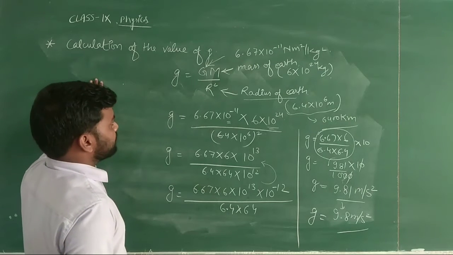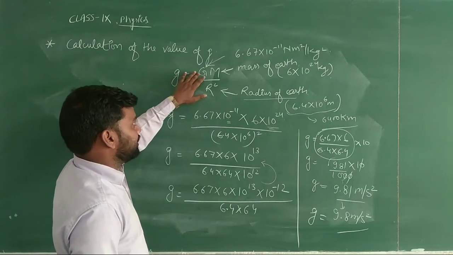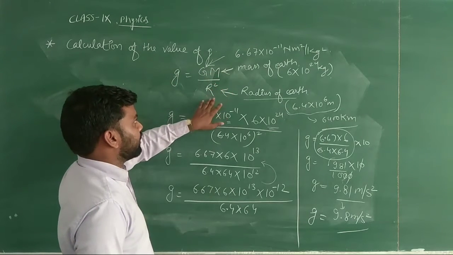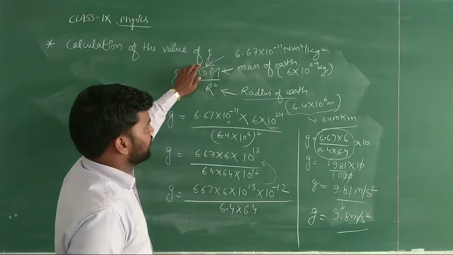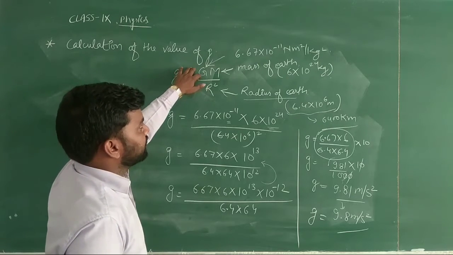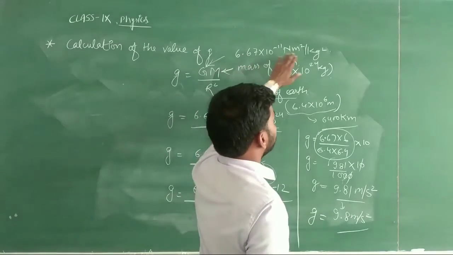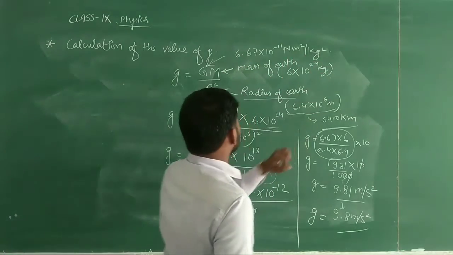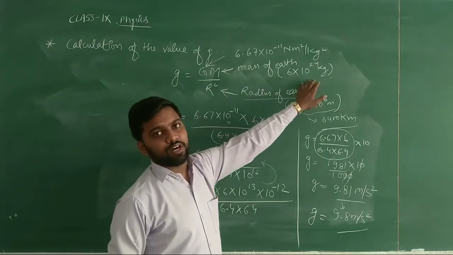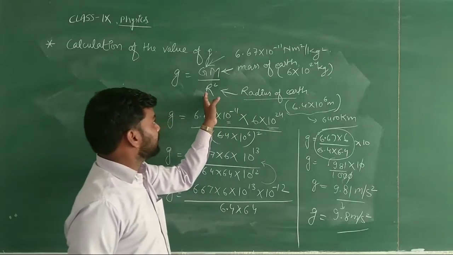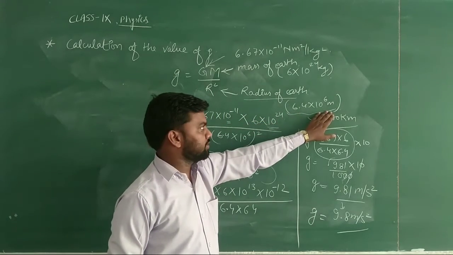So here we have seen that the formula of small g is equal to G times mass of earth upon r square, where G is the universal gravitational constant, 6.67 into 10 to the power minus 11 Newton meter square per kg square, the mass of the earth is 6 into 10 to the power 24 kg, and the radius of the earth is 6.4 into 10 to the power 6 meter.